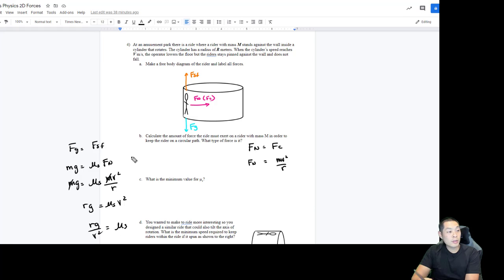And then in order for us to break it down into simpler variables, you substitute mv squared over r into Fn. And then you're able to find this relationship right here. And from that relationship, you could either solve for mu or v, technically r too if you have certain things constant.